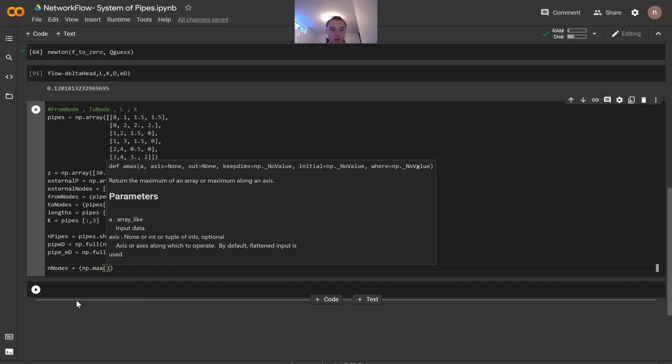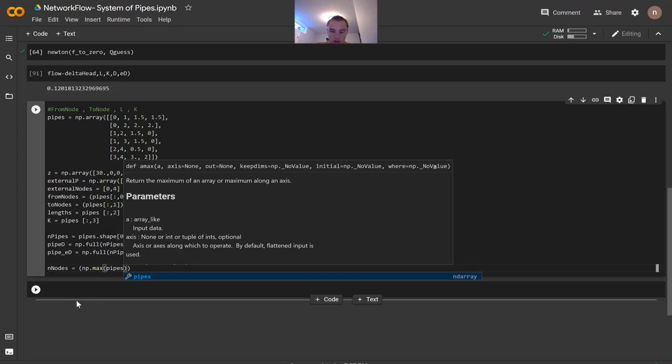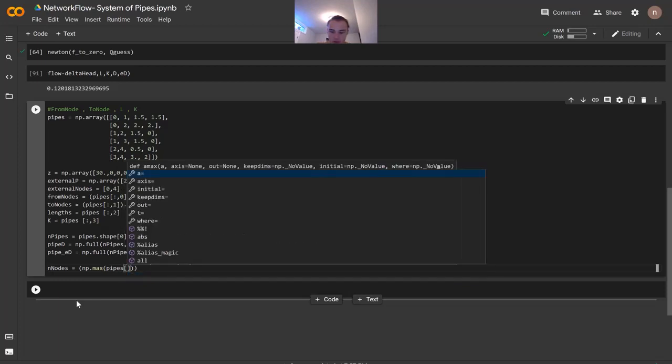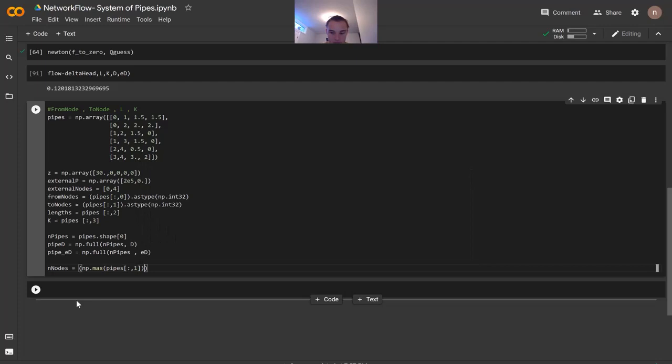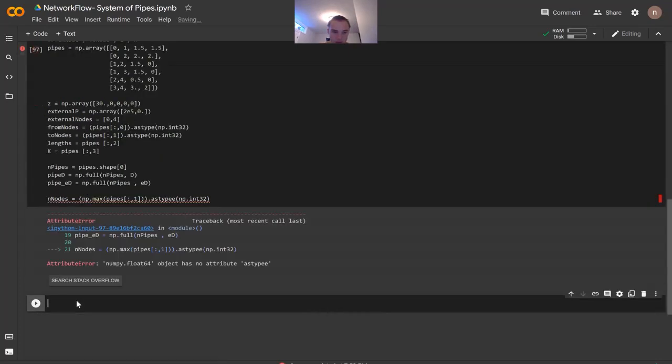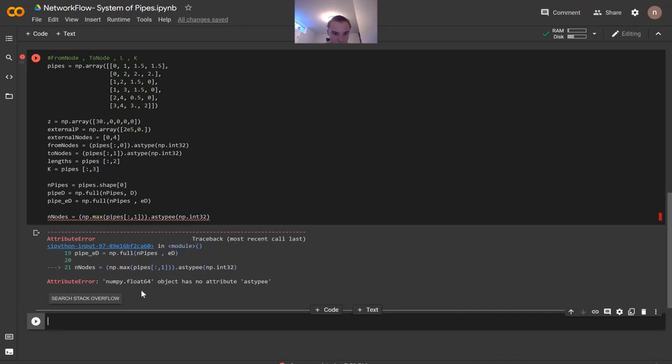So we have np.max, and in our pipe array we'll have pipes, and since it's the second column, and Python indexing starts from 0, we have colon, comma 1. Then we want to make sure that this stays as an integer, so we need to do the astype once again. So astype np.int32, and shift enter. NumPy float object 64. It seems I have messed up somewhere.